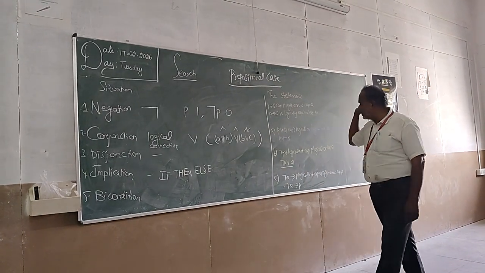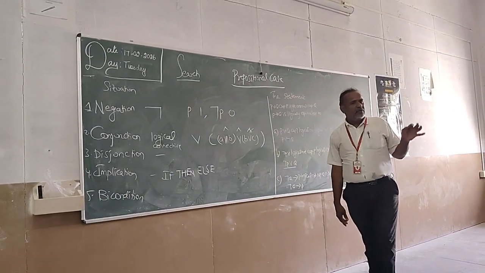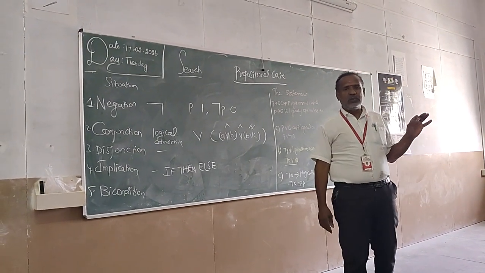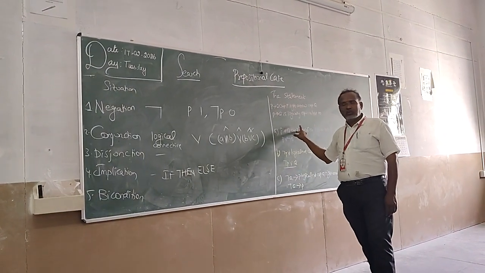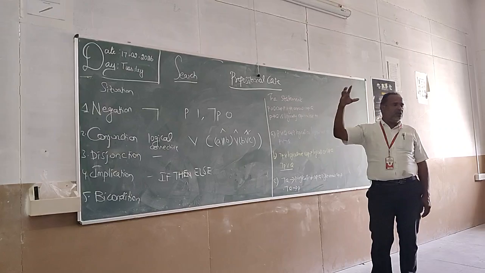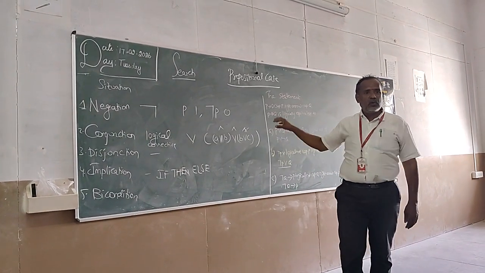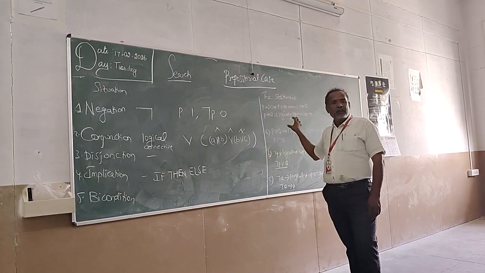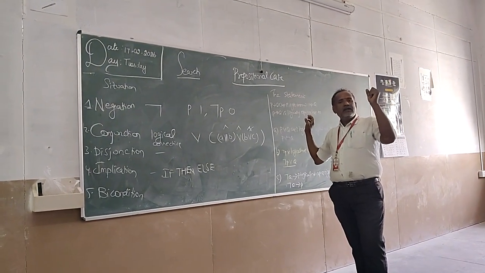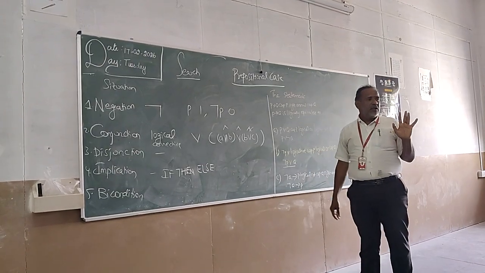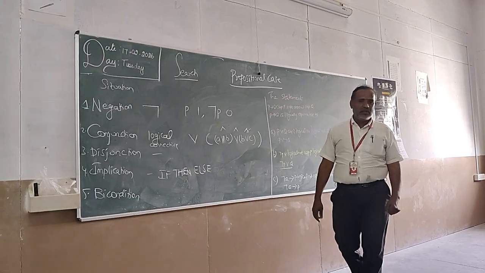The first option is P or Q, the connective. The value of P is connected through the logical operator OR with Q. We already know the truth table: when P is 1 and Q is also 1, it is a true statement, true, and then the block will be executed.